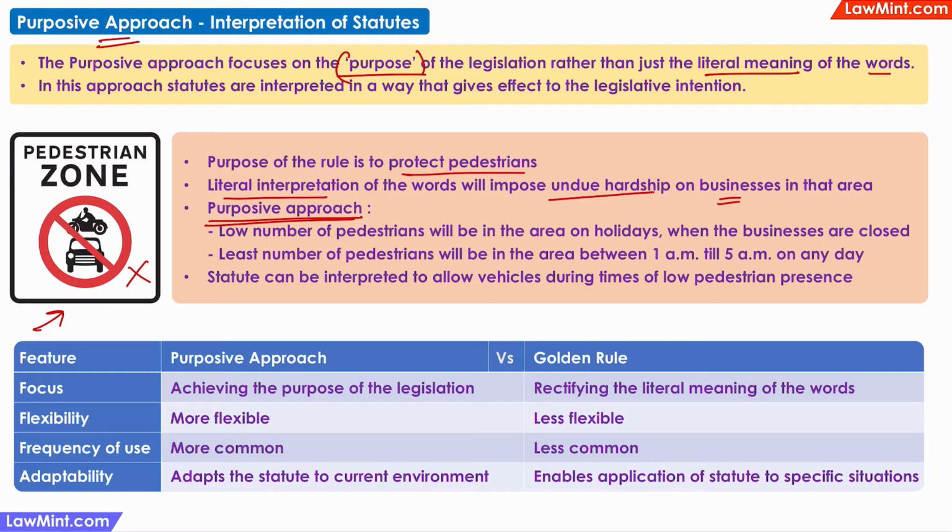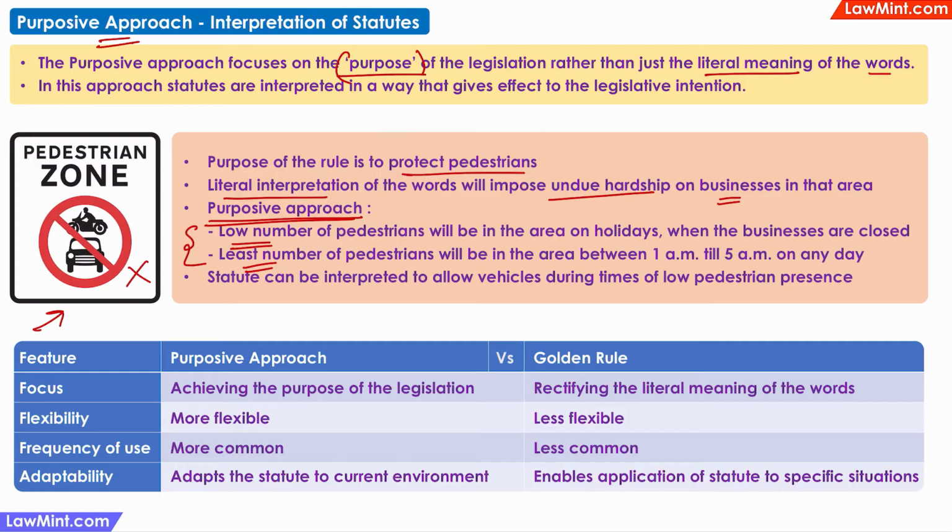The court can interpret the rule such that vehicles which have a specific reason to be in that zone are allowed, but only during such times when the number of pedestrians is very low, such as late in the night or early in the morning.